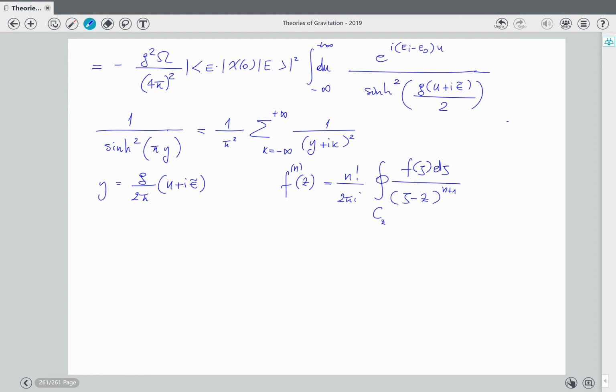So we will do a change of variables, because now the variable will be y. So what is dy? That is g divided by 2 pi du. And then we will have to compute the poles. The poles are y equal minus ik.